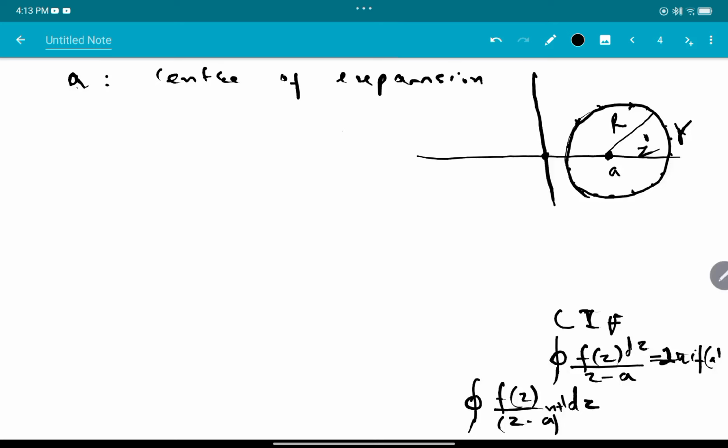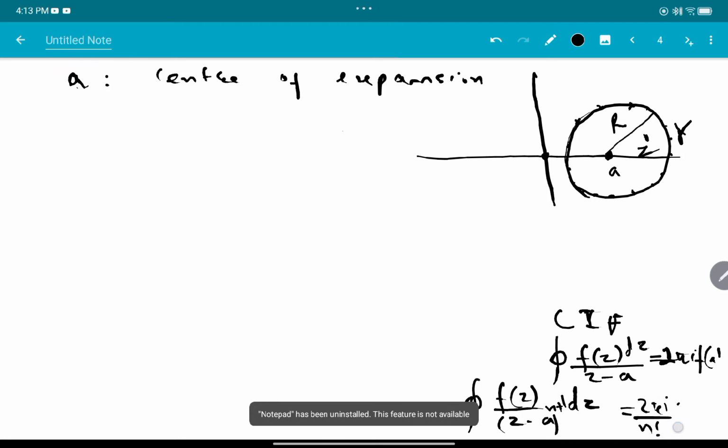This generalized Cauchy's integral formula that we have derived is equal to 2 pi i divided by n factorial times f^(n)(a), that means the nth derivative of the function f(z) evaluated at a.